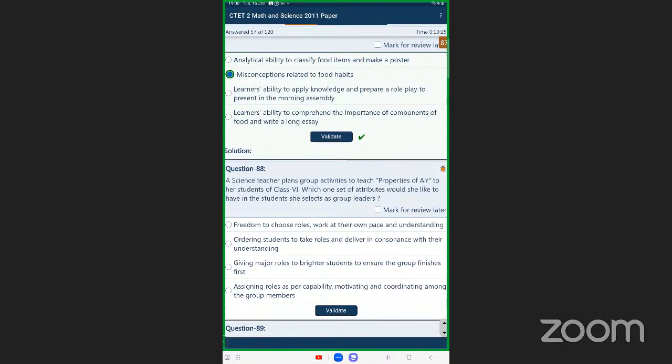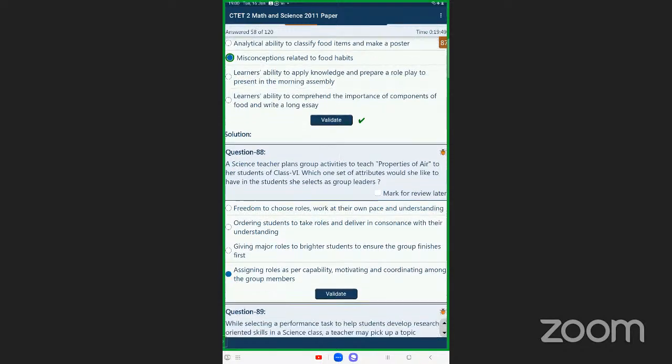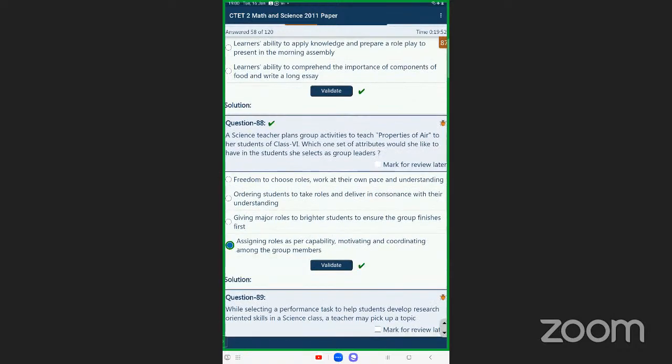88. A science teacher plans an activity to teach properties of air to her Class 6 students. Which one set of attributes would she like to have in the student she selects as a group leader? Which can be the correct one, student? If you see the assessing role as per the capabilities, motivating, coordinating among the group members.